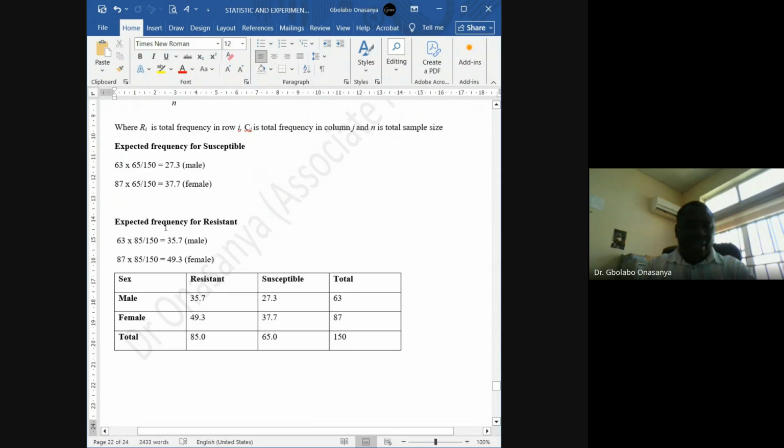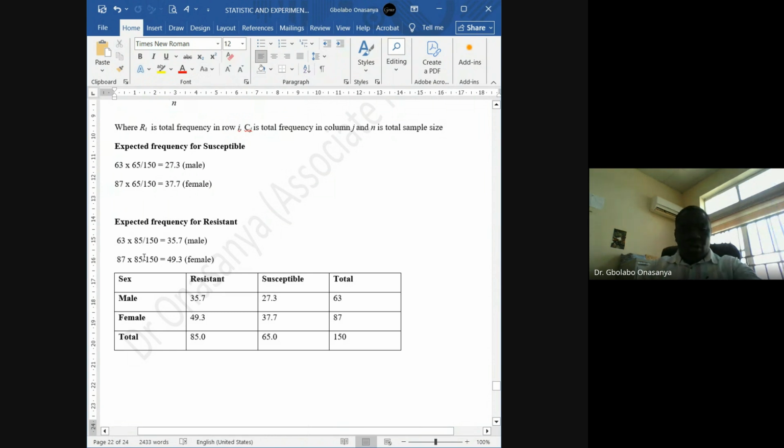Now, expected frequency for resistance. The total enrolled for male is 63. Total for resistance is 85 over N, total observations. We get 35.7 for male. We do the same thing for female.